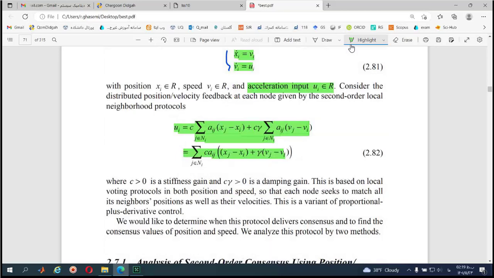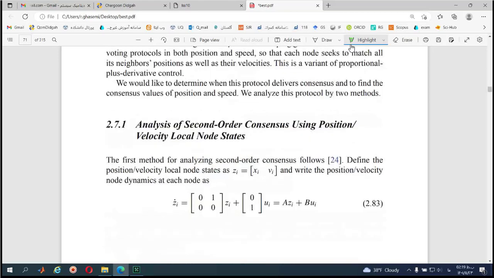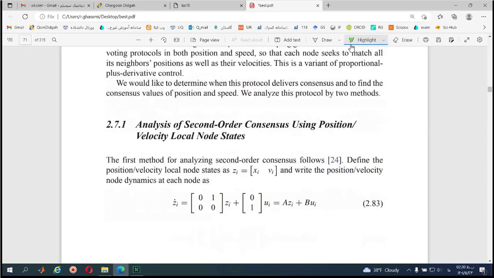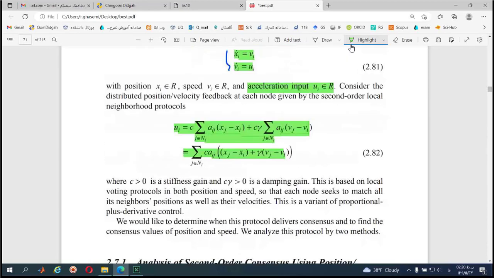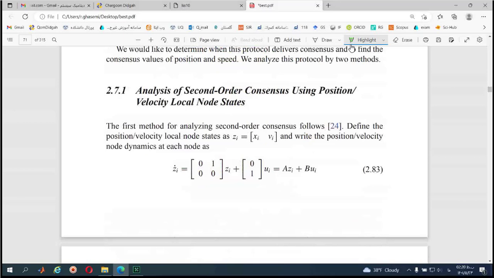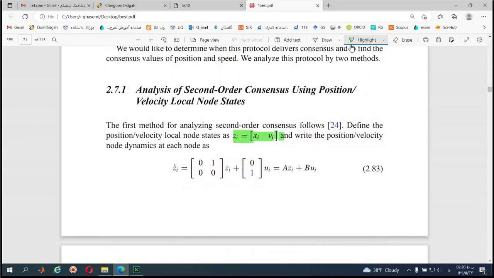If you put this u in this equation, we can rewrite this system as xi dot equal to vi. We can select xi and vi as the state of the system, like zi.